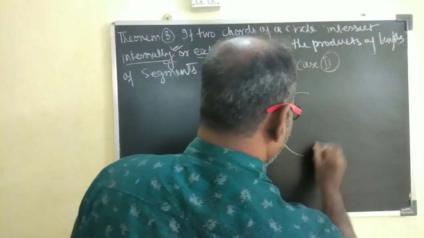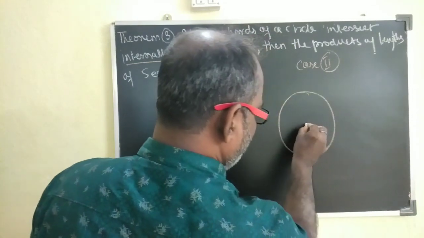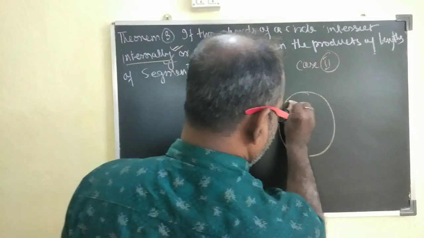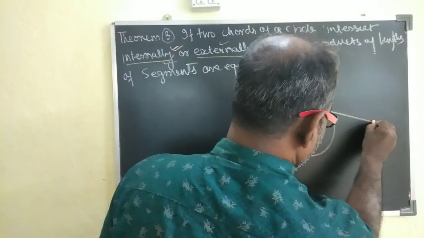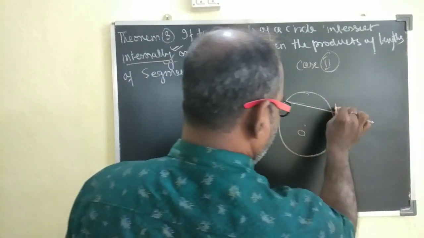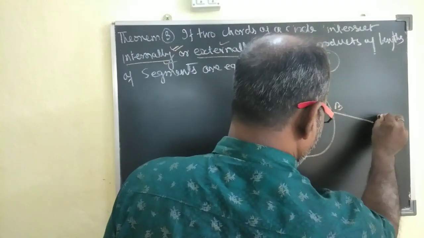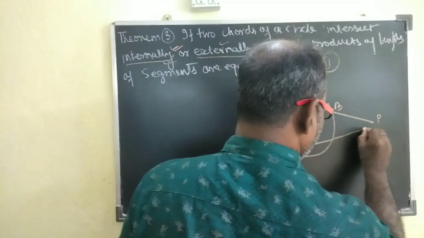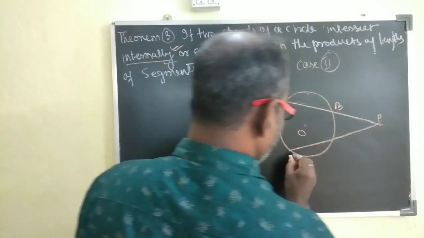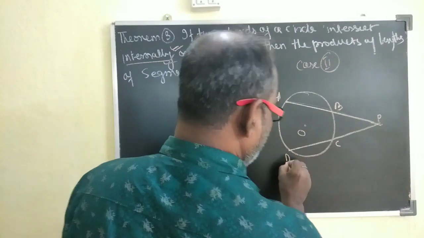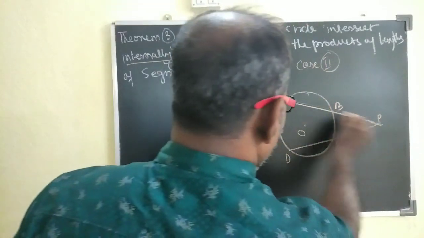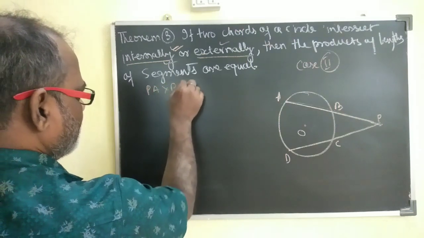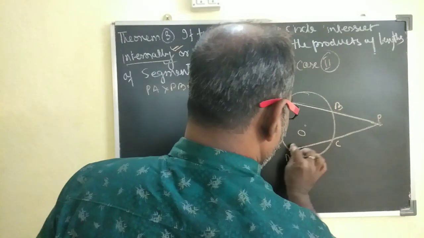This is our circle with center O. This is A, B, and let this point be P. Now C, D. We have to prove PA into PB equals PD into PC.